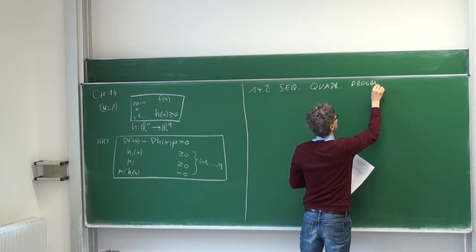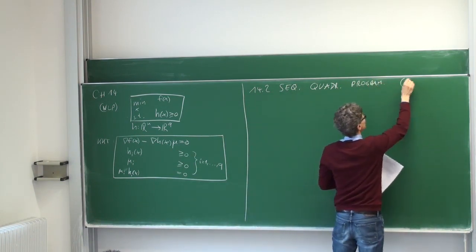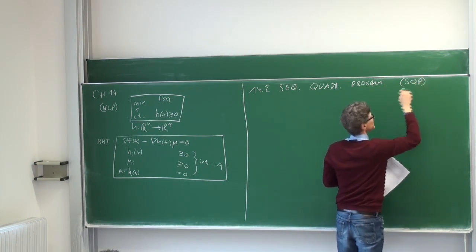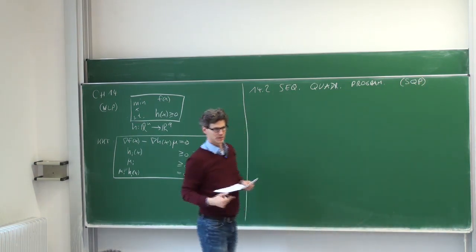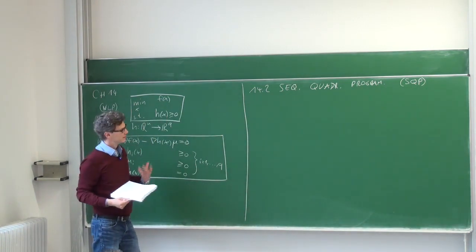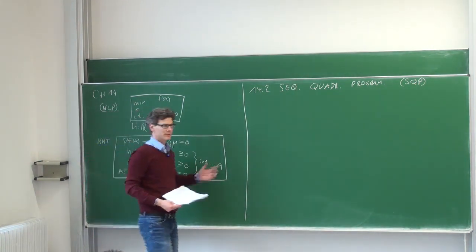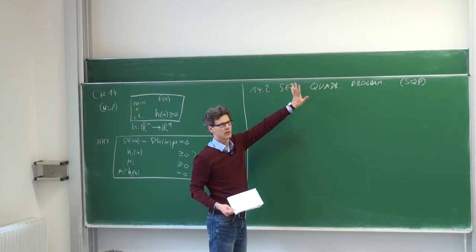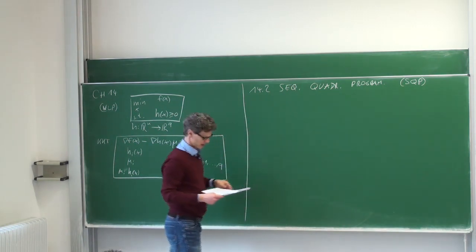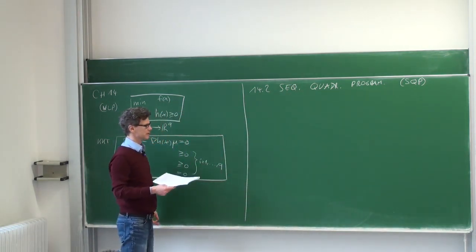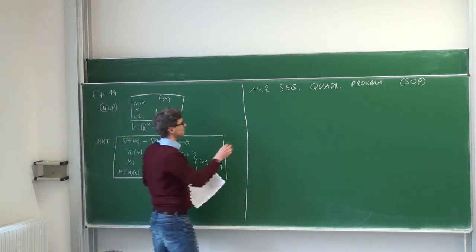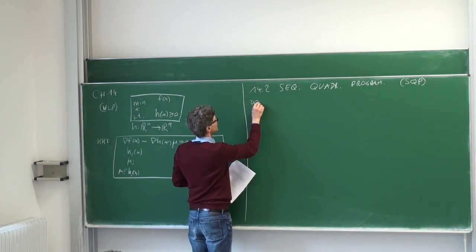And again, this programming stands not for the art of a computer scientist, but for optimization. Sometimes it's also called sequential quadratic optimization. But still people talk about SQP. So the task is the same.